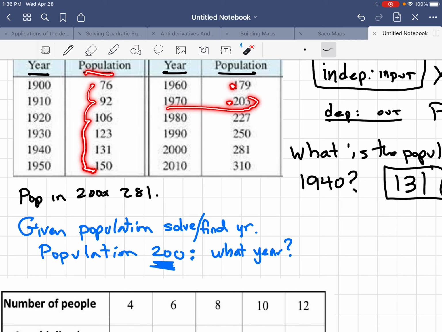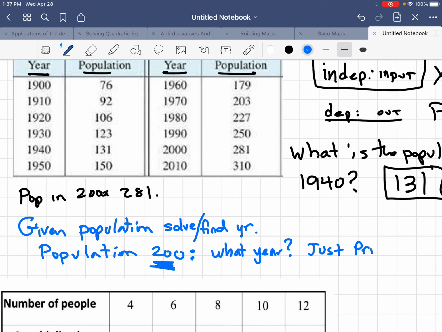It's really close to 1970, right? 203 here. So the population probably changed somewhere between 1960 and 1970 from under 200 to over 200. So I'm going to say just prior to 1970.